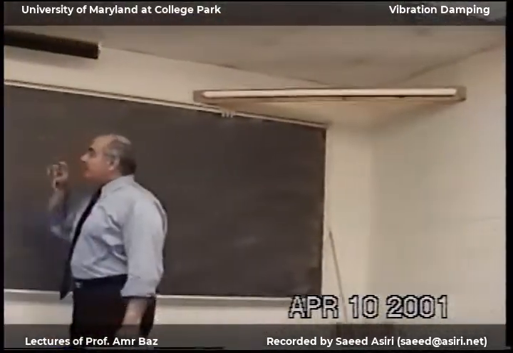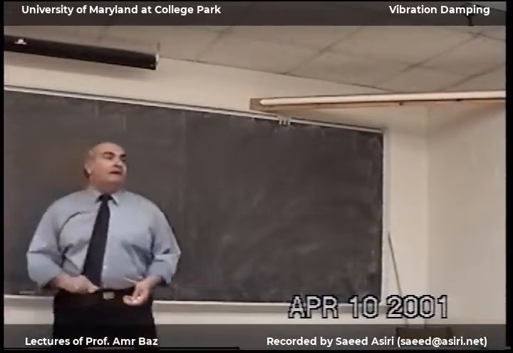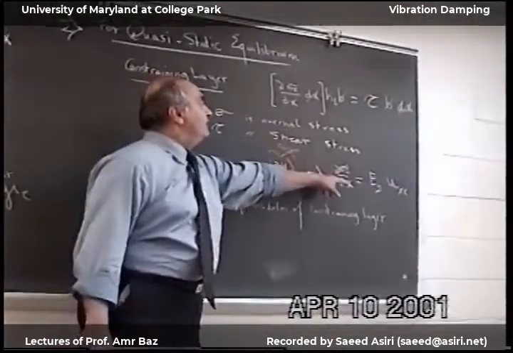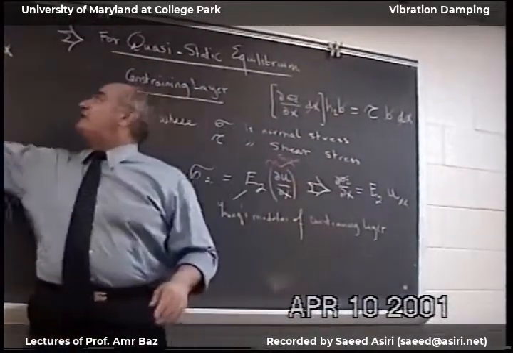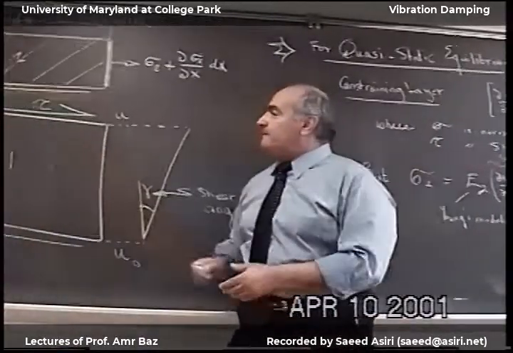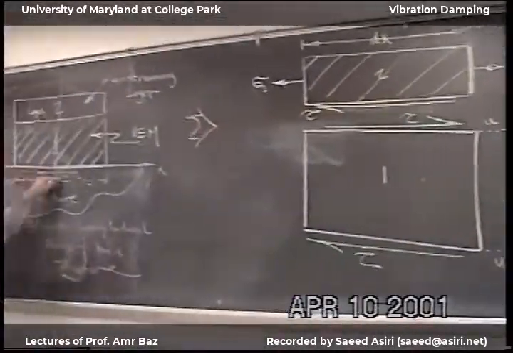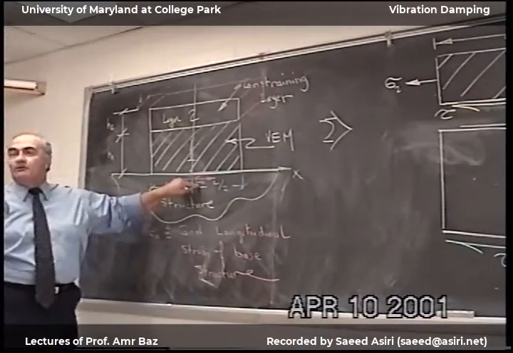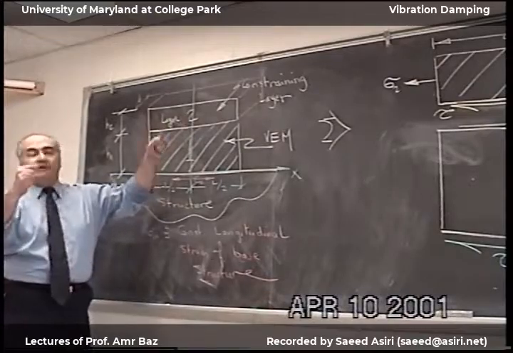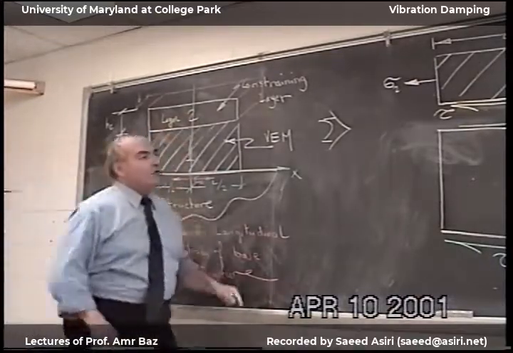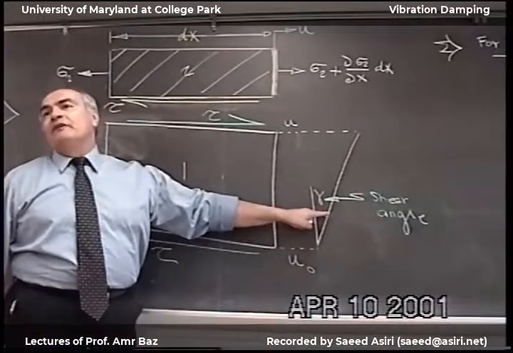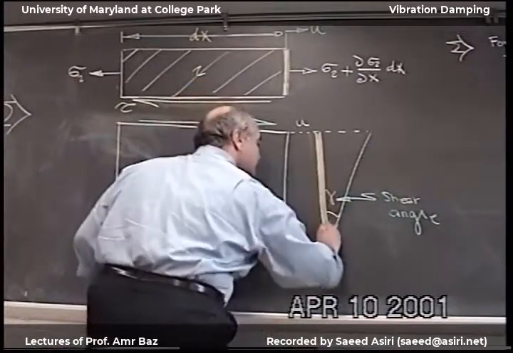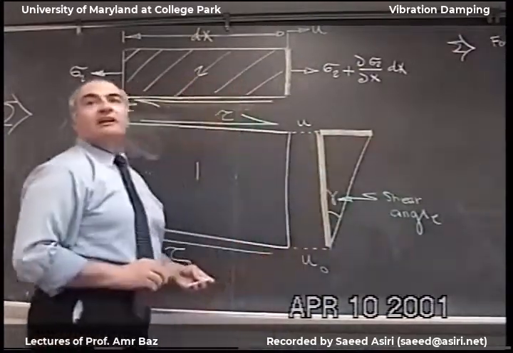Okay, going back again on all this, in view of this, what we will try to do is find u, the deflection of the constraining layer for a given deflection of the base structure. So if we know this as an input, we get this as an output. The result between these two will give us the shear angle of the viscoelastic material, because I can get the shear angle from this triangle.